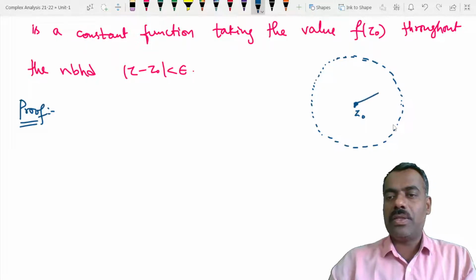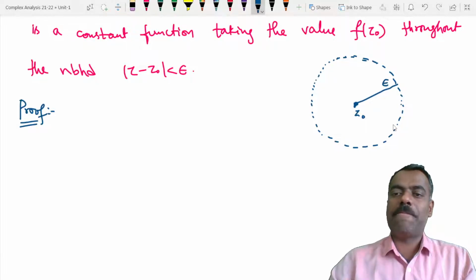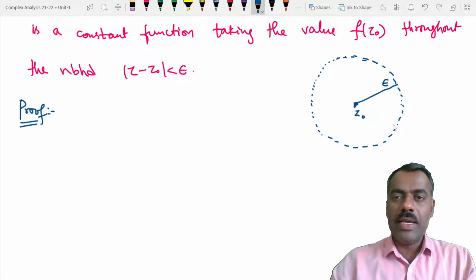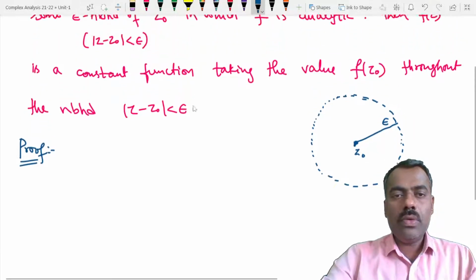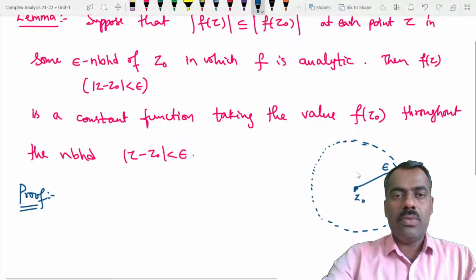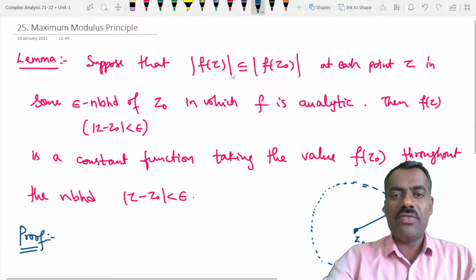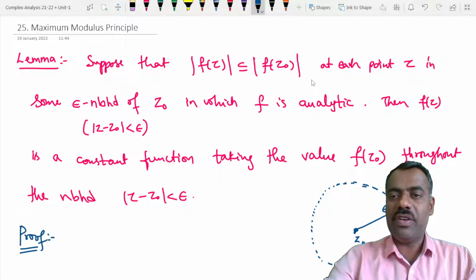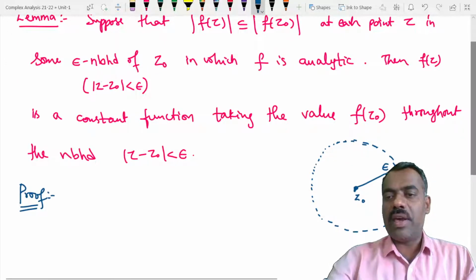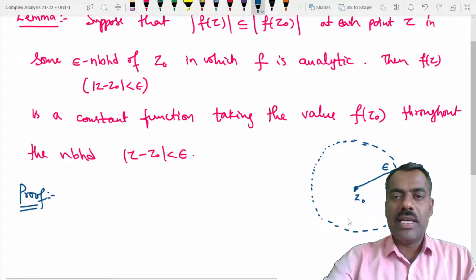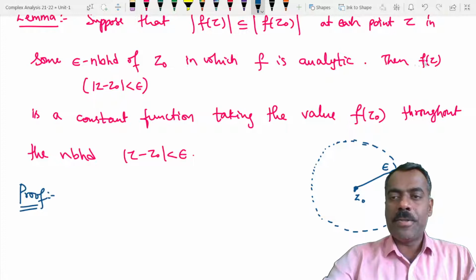This is our epsilon. In this neighborhood, we have assumed that mod f of z is less than or equal to mod f of z naught, and f is analytic inside this. We want to show that f of z is equal to f of z naught throughout this. That means we want to show that f of z is constant.